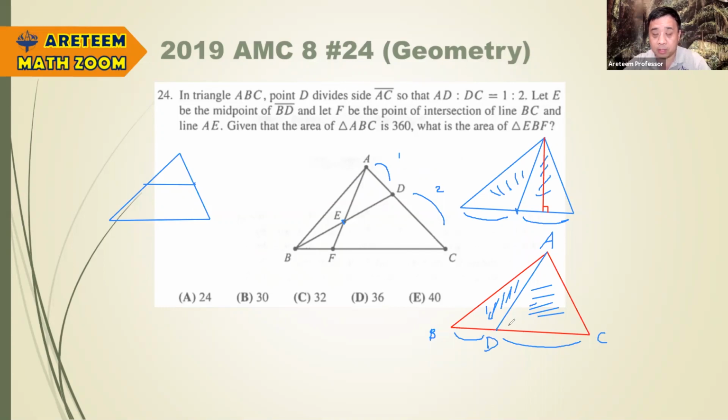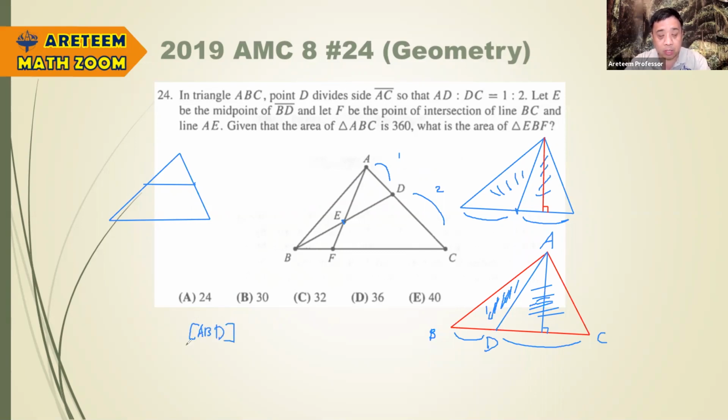The two triangles also have their bases on the same line, so the altitudes from A to BC are the same. So if you want to find the area ratio of ABD and ADC, all you need to do is BD over DC. Let me write it down.